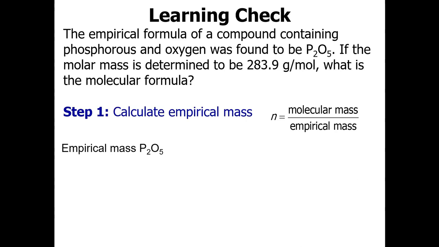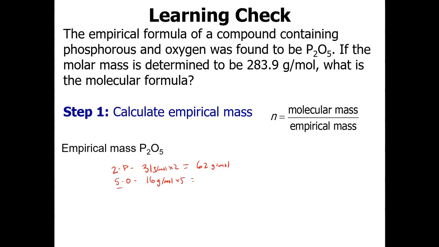So what is the empirical mass? We need to take our values that were given. We have 2 phosphorus, and phosphorus is about 31 grams per mole. We multiply that by 2, so we get 62 grams per mole for the phosphorus component. We have 5 oxygen, each about 16 grams per mole, times 5, because we have 5 of them.